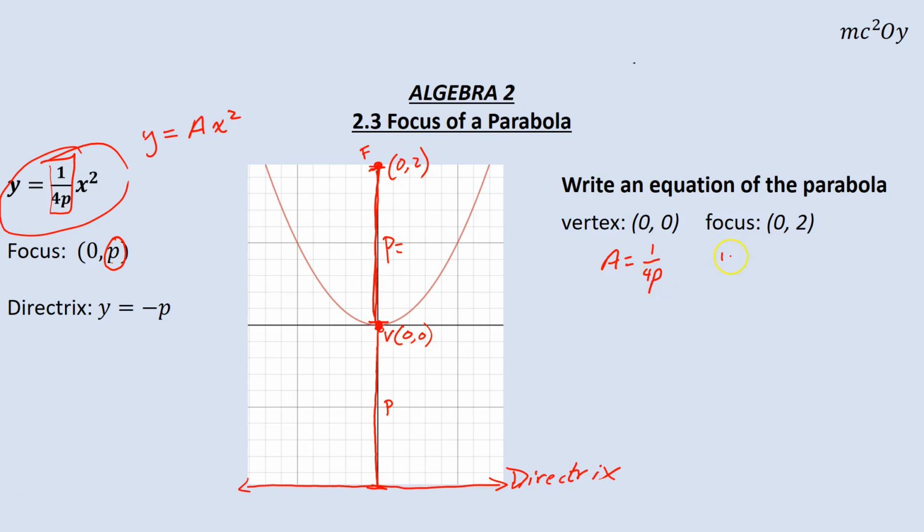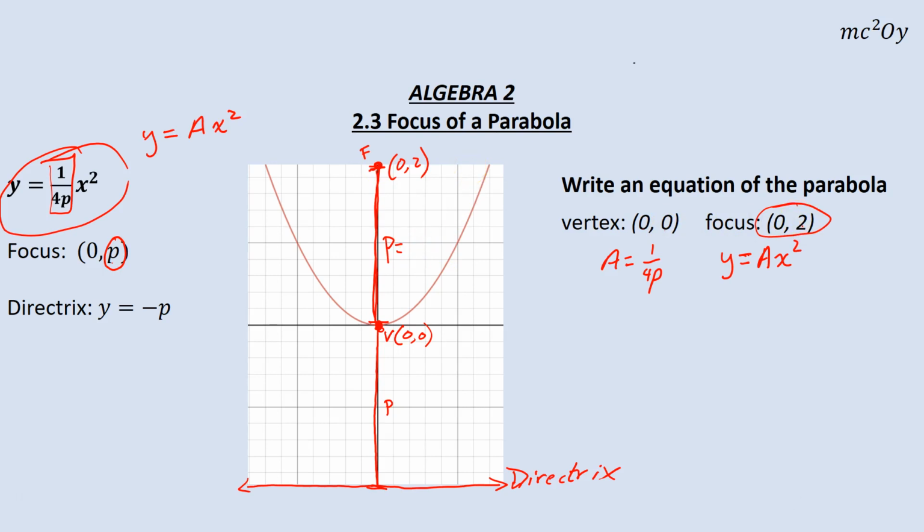And I know I'm in the form y equals ax squared because when I look at the parabola, it's open upward. The vertex is 0, 0, and the focus is always contained within the parabola. It's above the vertex, therefore the parabola is opening upward.